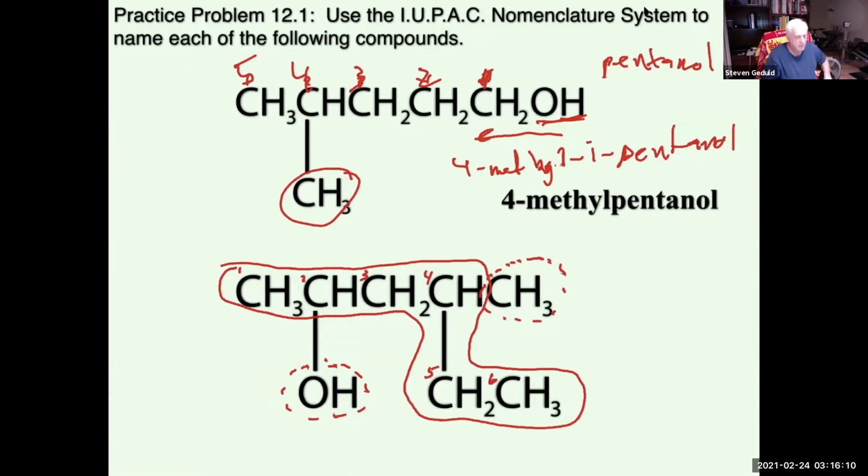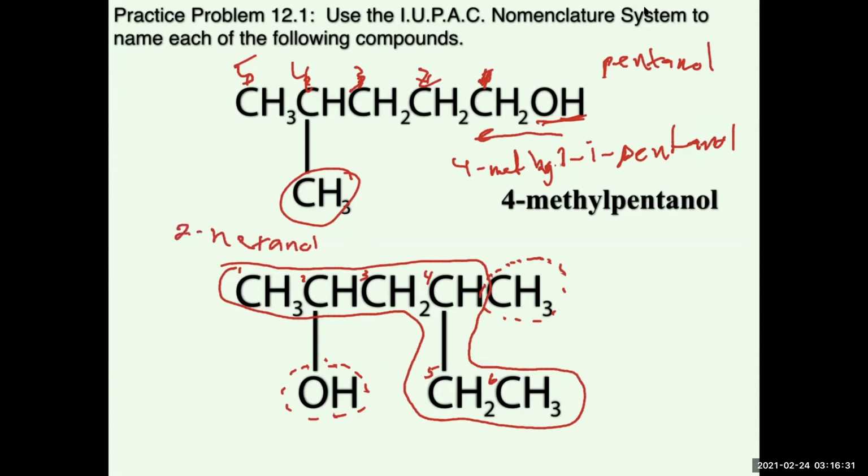Let's put everything together. 6 carbons with an OH group attached is hexanol. Where's the OH group? At number 2, so 2-hexanol.